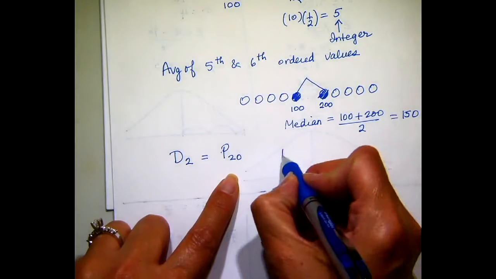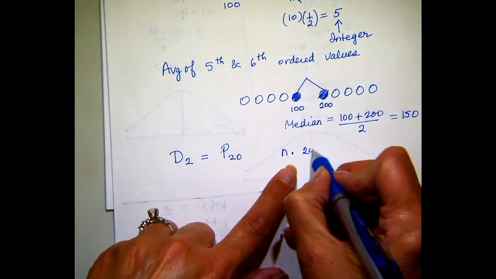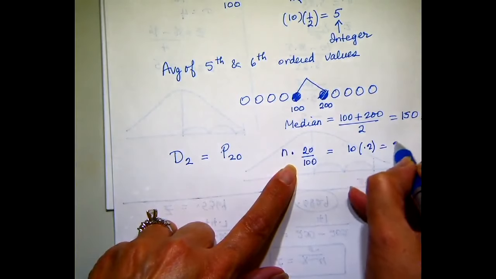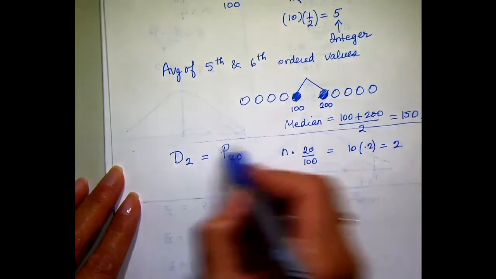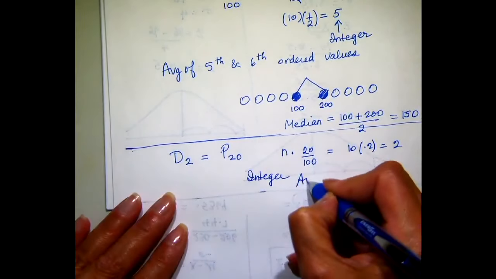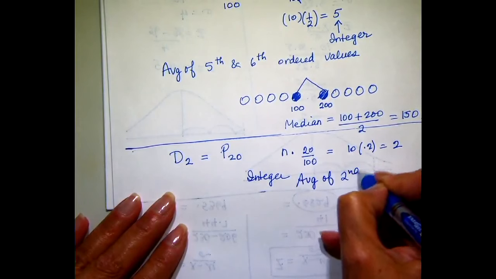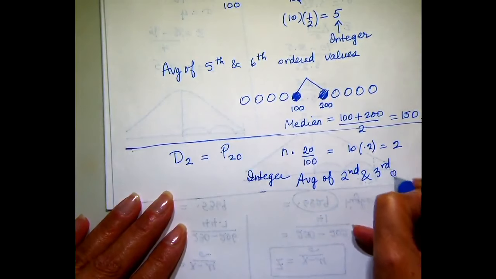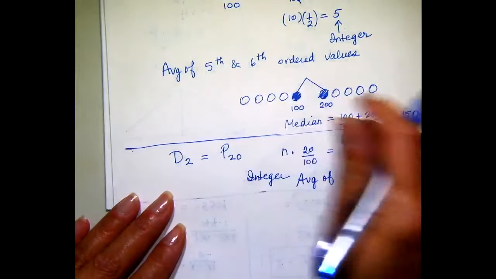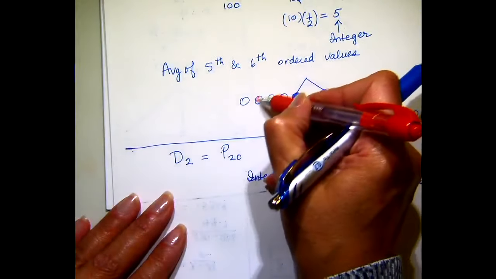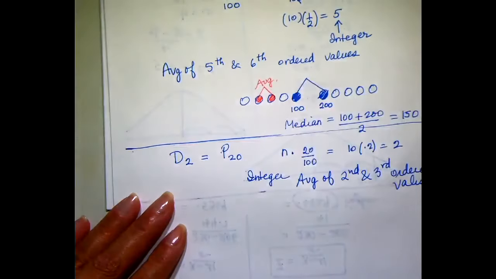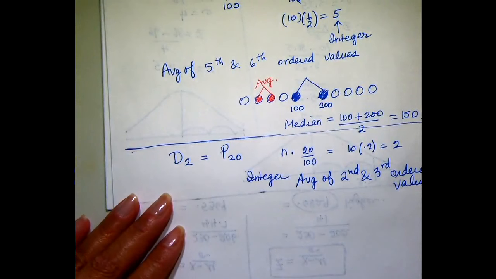So I'm going to say n times 20 over 100, which is 10 times 0.2, which is 2. Again, it's an integer. So take the average of the second and third ordered values. Mind you, this data is in order already. So I'm going to take this guy and find the average. And that would be the second decile.